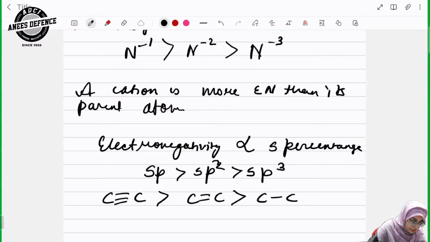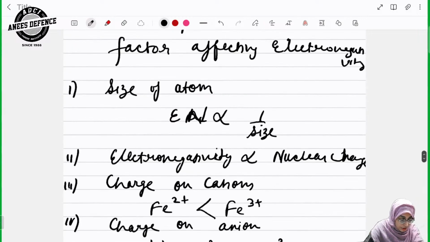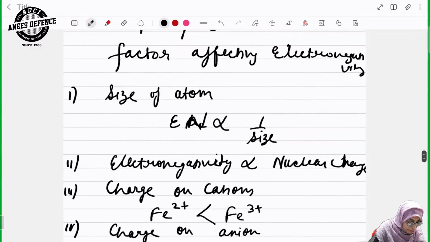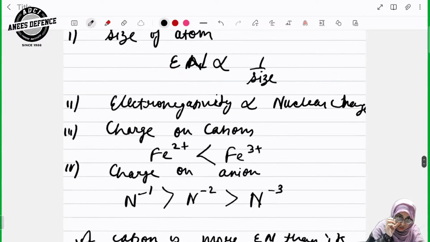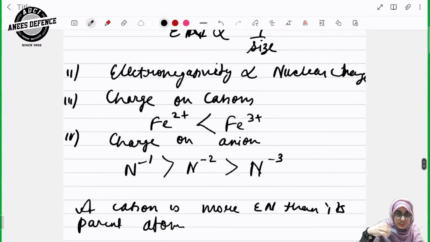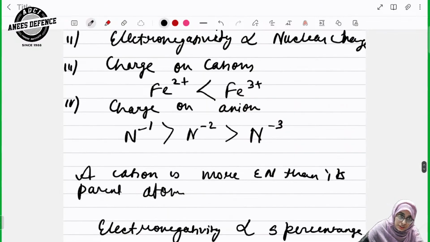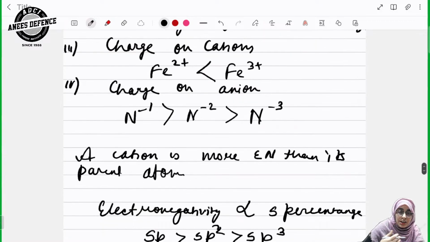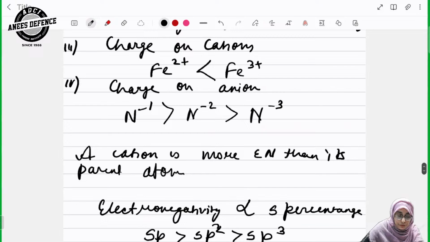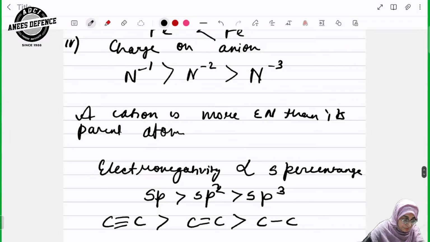So these are the factors affecting electronegativity. Atom size: electronegativity depends upon the size of the atom, and it is inversely proportional to the atomic size. Electronegativity is directly proportional to nuclear charge. For cations, as the charge on the cation increases, electronegativity increases, but in anions it is just the reverse.